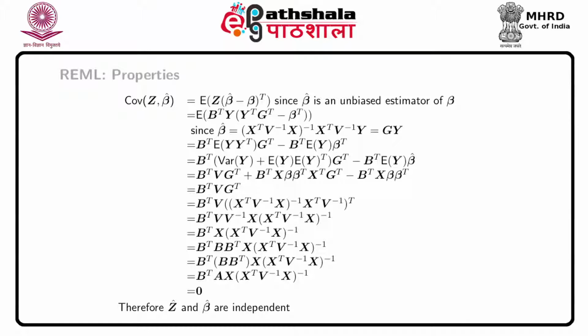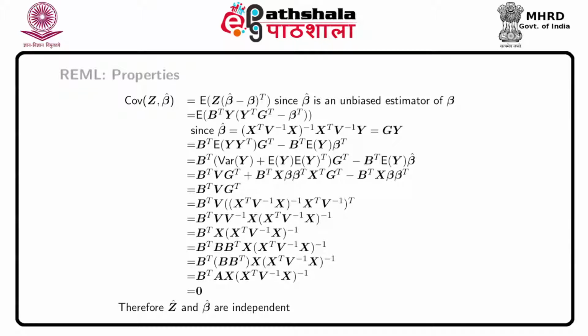The only thing is that you need to use the variances and expectations of Y, and one can do that. Just put in the variance and the expectation and it simply comes out to be 0. So the idea is that Z and beta hat are independent.